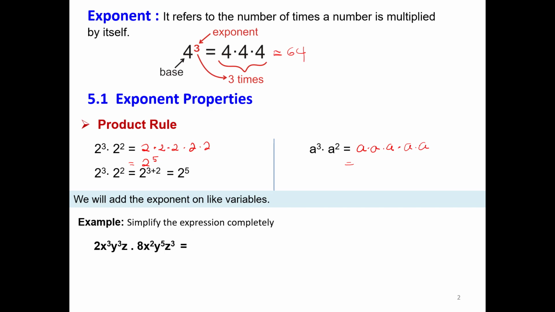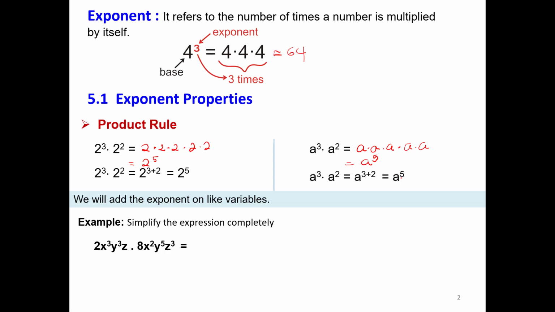Then 1, 2, 3, 4, 5, so a to the fifth. Again, we can use the property of the exponents to simplify this problem. If I need to multiply a to the third times a to the second, I just need to keep the base and add the exponents, and we have a to the fifth.